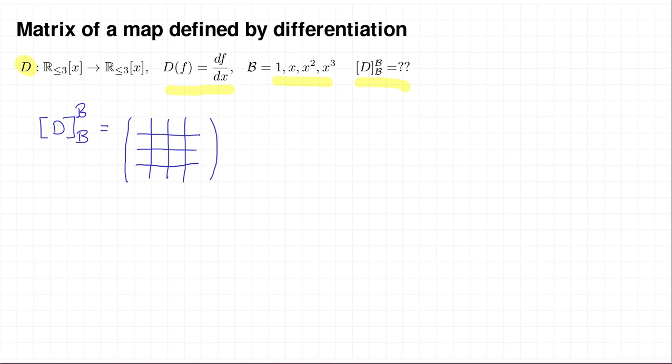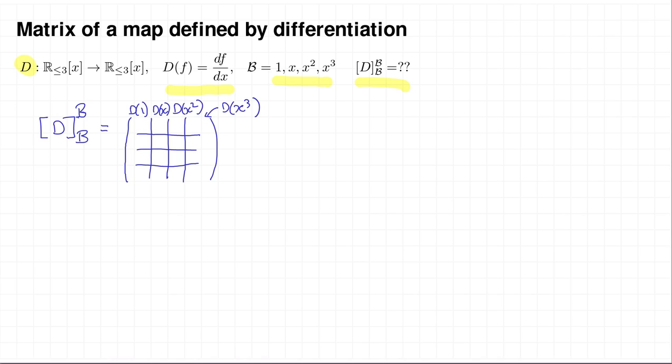And let's remember what the columns of the matrix tell us. The columns of the matrix tell us about the images of the basis elements for the domain under the linear map D. So the first column is telling me about D of 1, the next about D of x, the next about D of x squared, and the last one about D of x cubed.